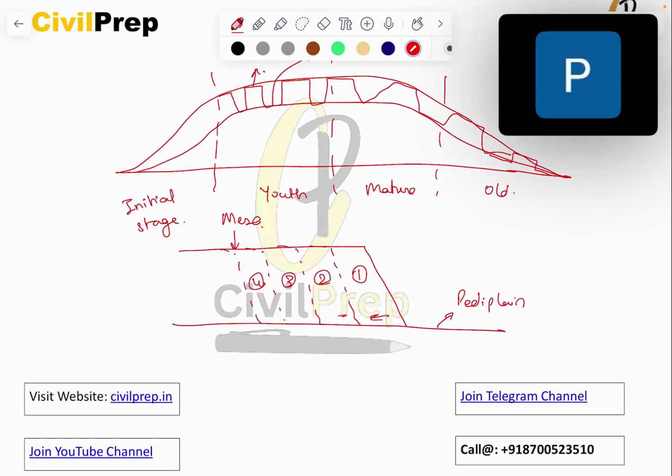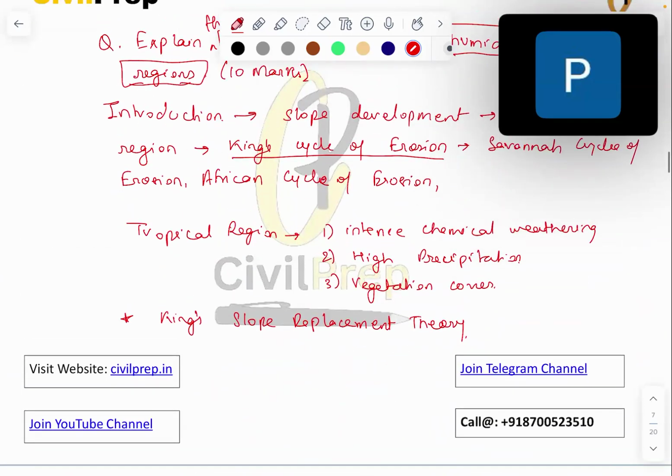With every erosion cycle, there is an increase in the pediplain, and the mesa is declining here. So this is one of the quite important parts from the perspective of the tropical humid regions.